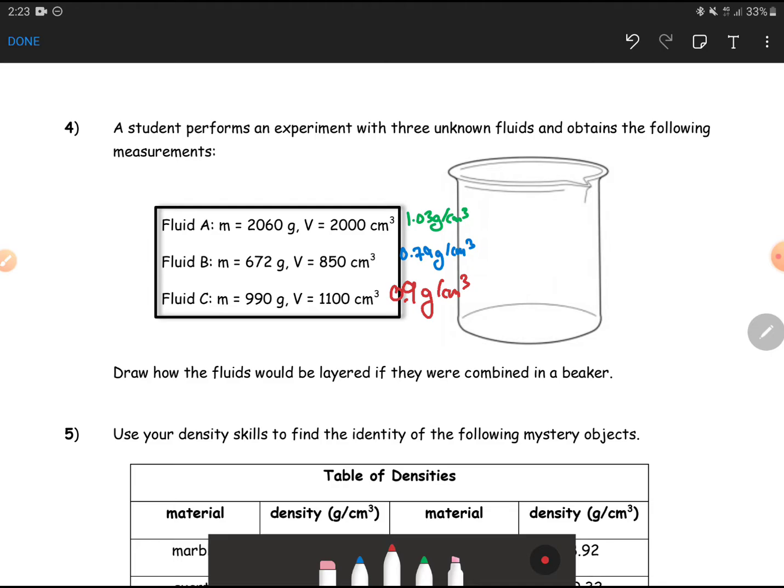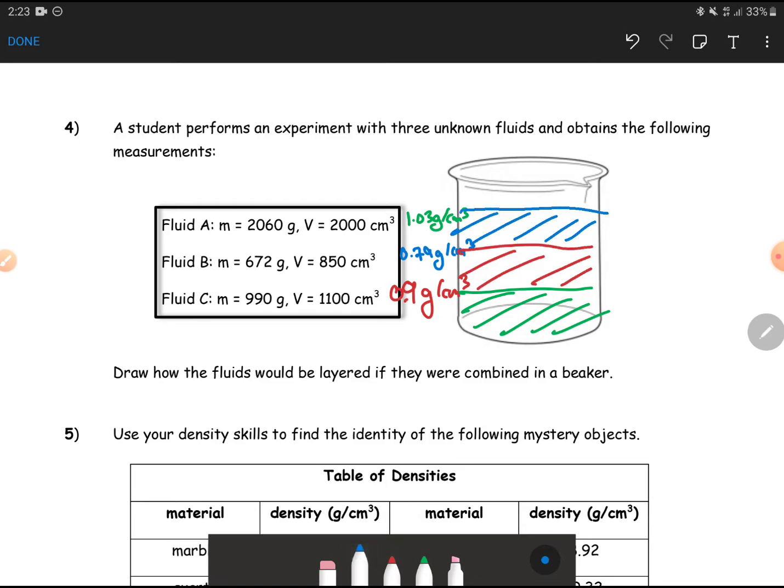And of course, as we know, the densest will actually sink. The least dense will be right at the top. So the bottom is the most dense, which is the green color one, 1.03, followed by the red color liquid because it's the second densest. And lastly, the least dense is the blue color one, so it will be floating all the way at the top.